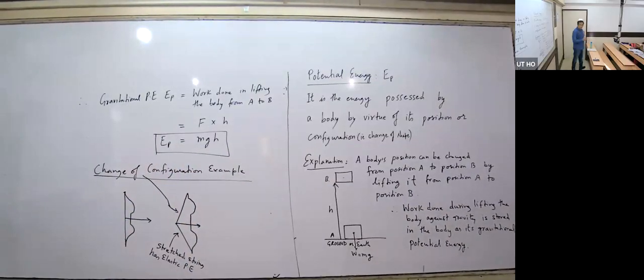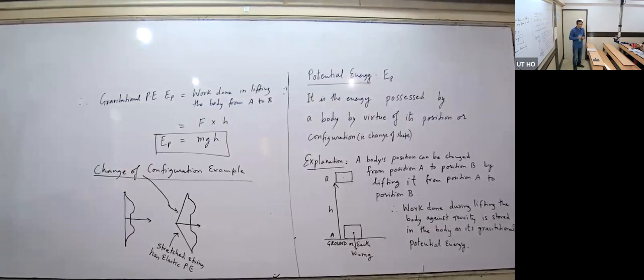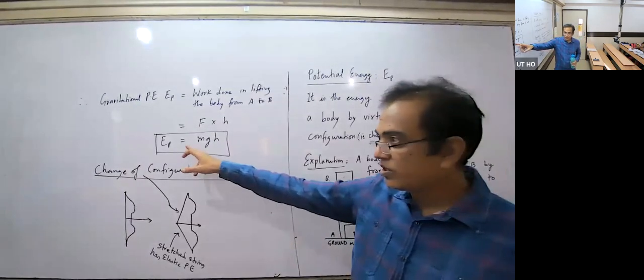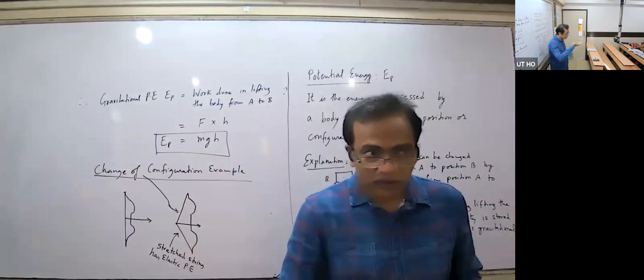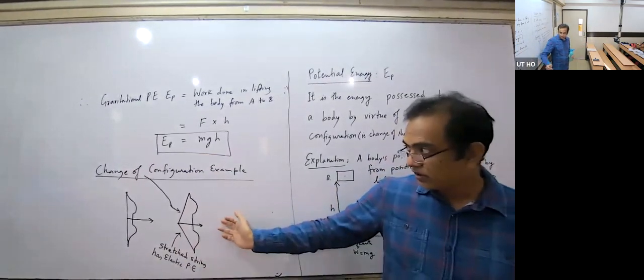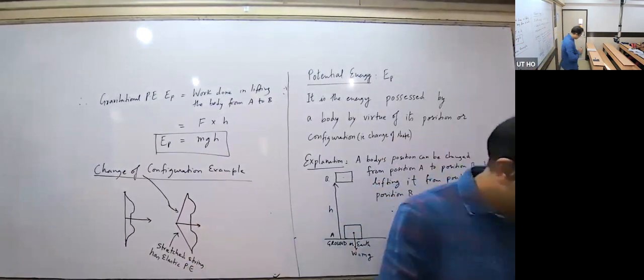So does anybody have any doubt in potential energy? Yeah. So there are two types of potential energy. One is gravitational potential energy, because now we are working against the force of gravity, right? The other is change of configuration. Example, what is the type of potential energy over here?